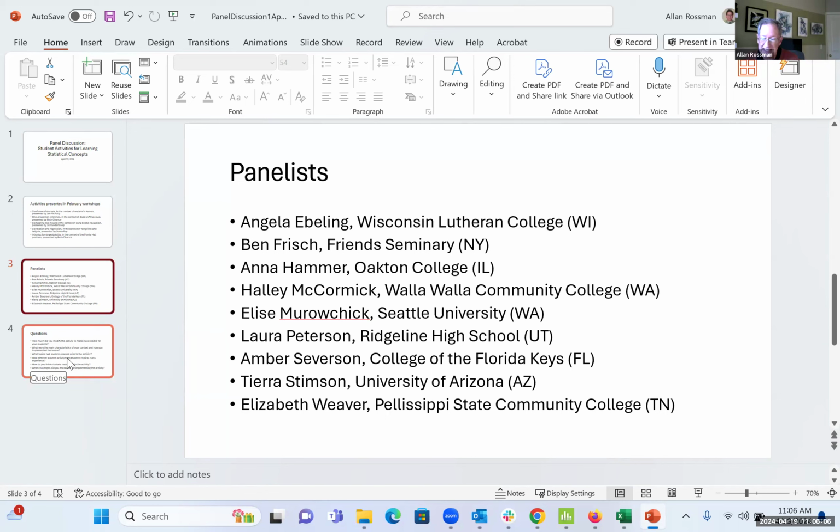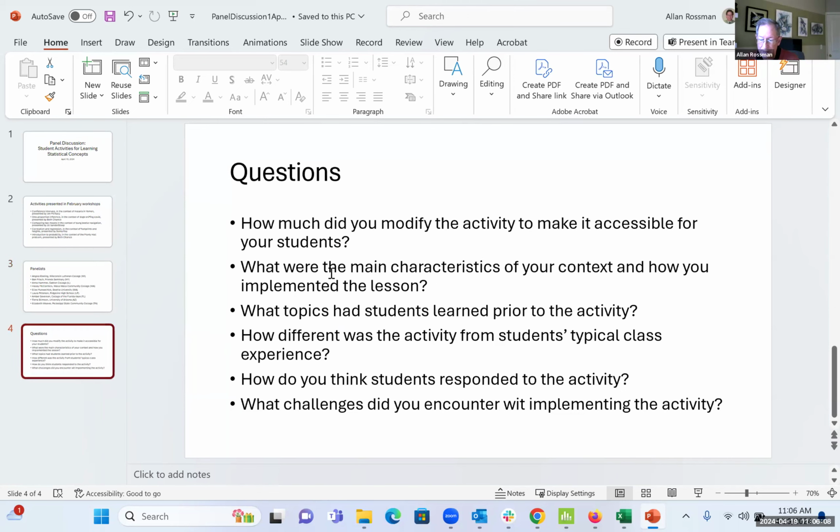The way we organized this panel discussion is that we posed 6 questions to the panelists and asked them to indicate which questions they were most interested in responding to. So these are the 6 questions you'll be hearing responses to. How much did you modify the activity to make it accessible for your students?